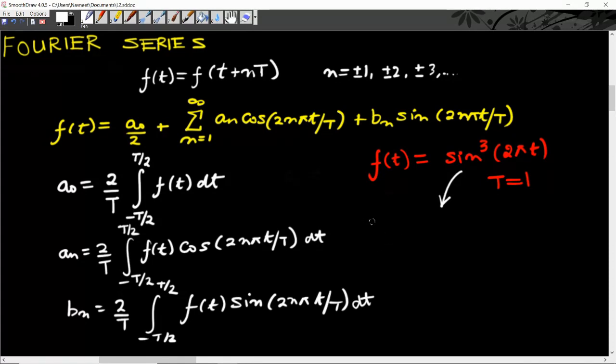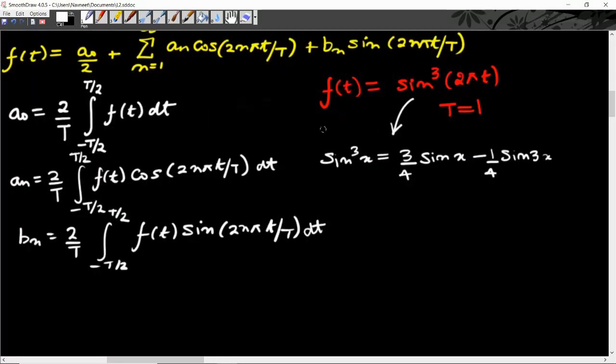So we'll use the identity sine cube x is equal to 3 by 4 sine x minus 1 by 4 sine 3x.